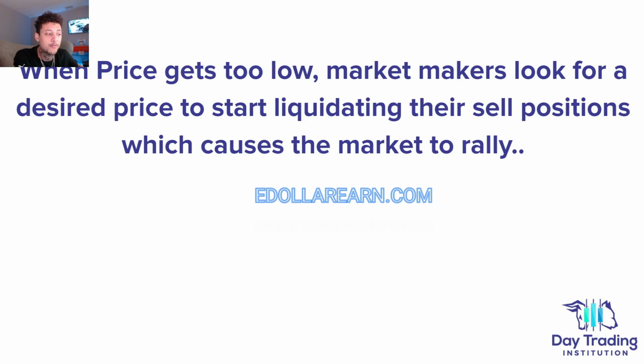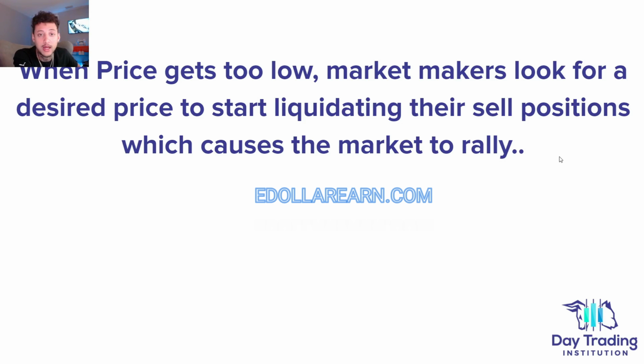At the same time, the buyers, the people who didn't sell gold then, are looking at gold at 1800, 1700 and thinking, I'm going to look to buy gold now and wait for it to come back up to 2000. And that causes the market to go up.